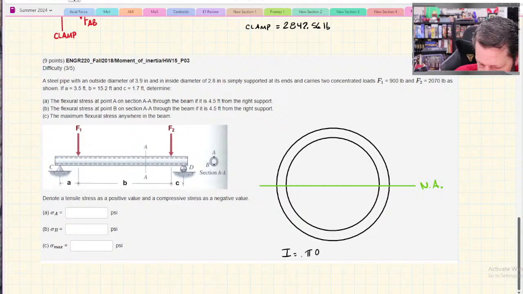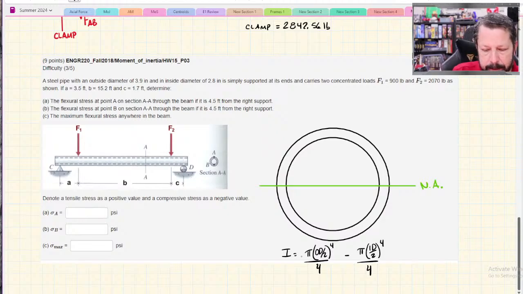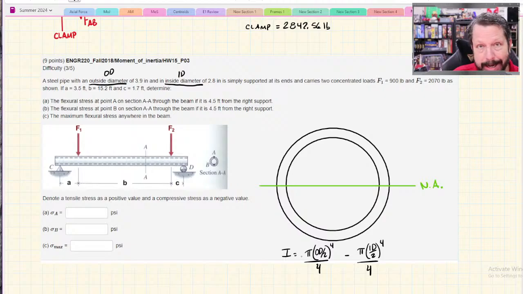But we have to subtract out the hollow part in the middle. So OD and ID are outside diameter and inside diameter. And I did OD over 2 and ID over 2 because the equation is pi radius to the 4th over 4.